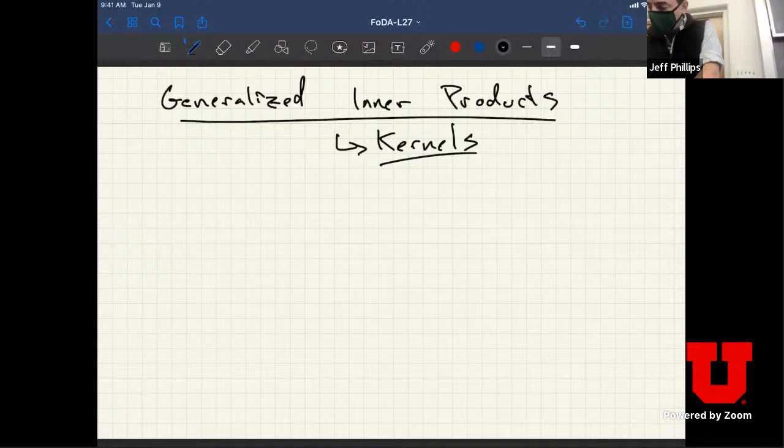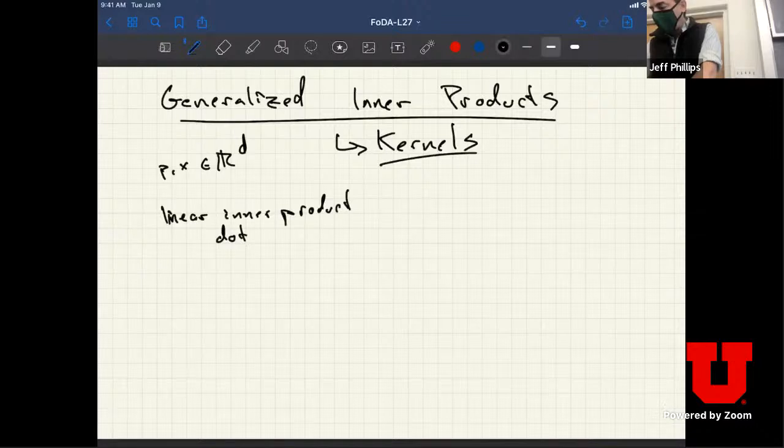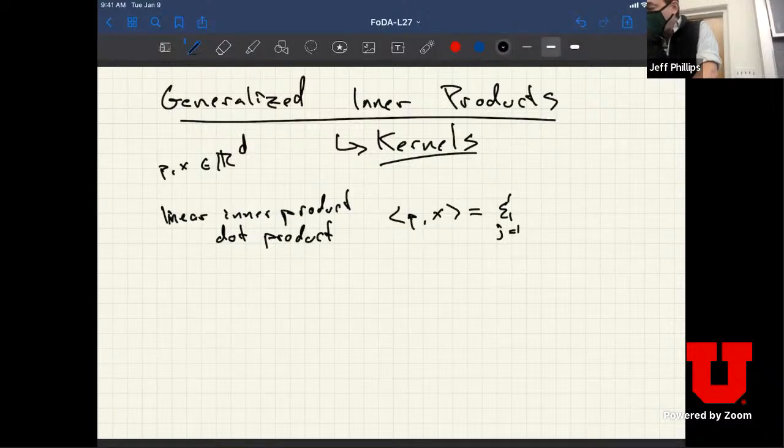We typically had points P and X in R^d, and we thought of the linear inner product, also known as the dot product, as the sum from j equals 1 up to d of P_j times X_j.